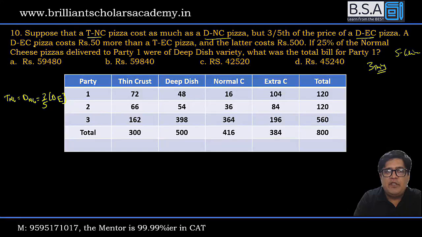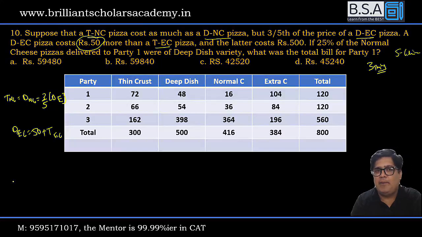A deep dish extra cheese pizza costs 50 more than thin crust extra cheese. This deep dish extra cheese is 50 rupees costlier than thin crust extra cheese.